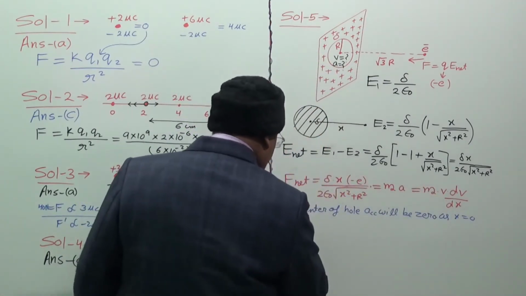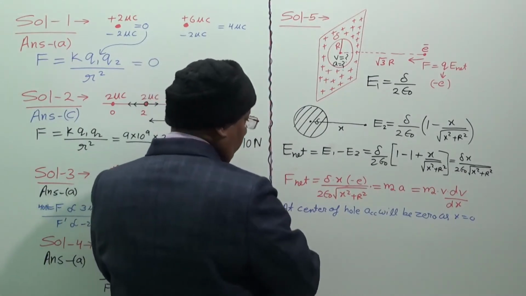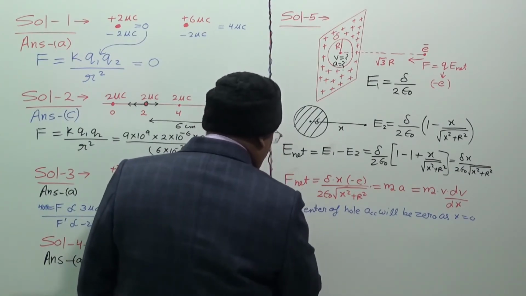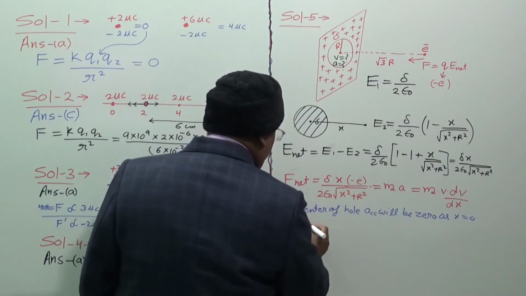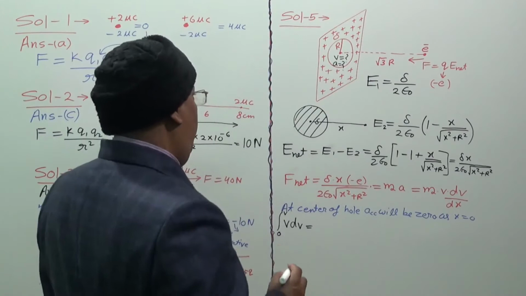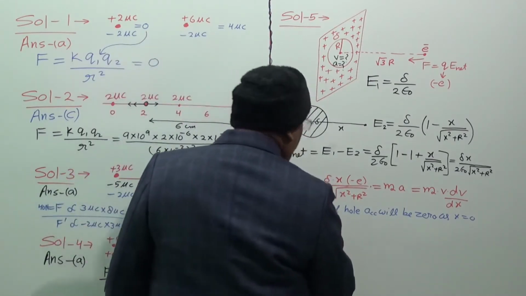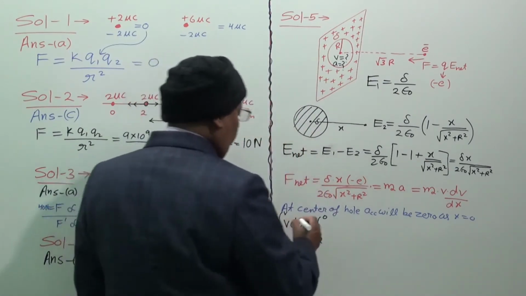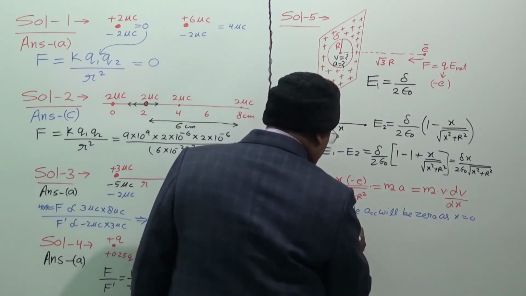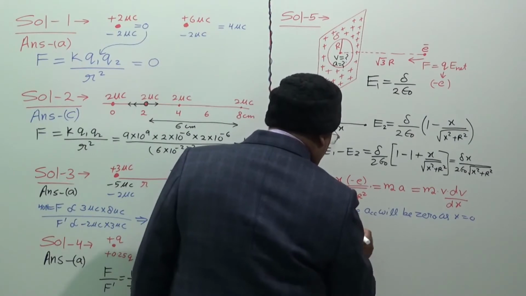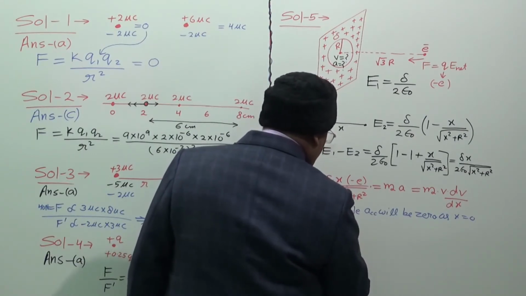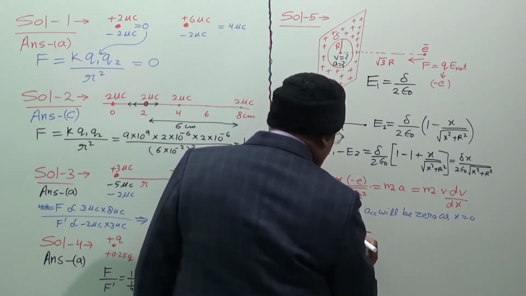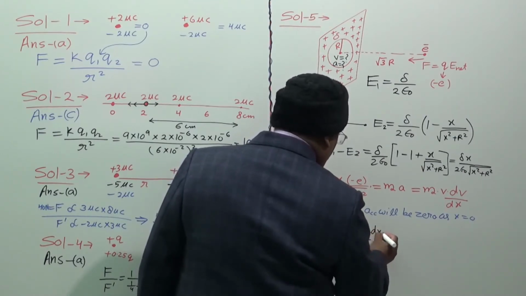So you can write it as v dv, initial velocity 0, final velocity v, is equal to limit root 3r to 0 of small sigma x minus e divided by 2 epsilon naught m under root x square plus r square dx.